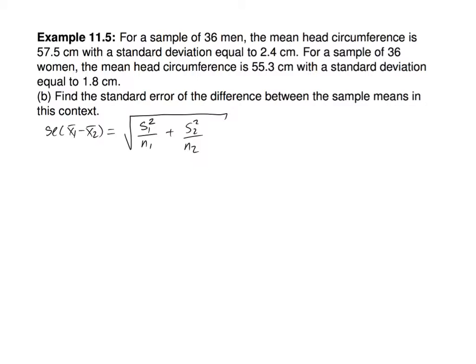So what goes in for S1? 2.4. So you got 2.4 squared over 36 plus 1.8 squared over 36. And I got 0.5. Someone should check that, but it just worked out so perfectly, it seems like not a coincidence.